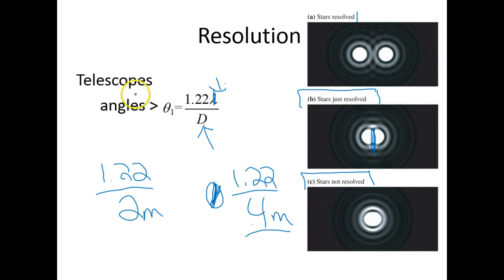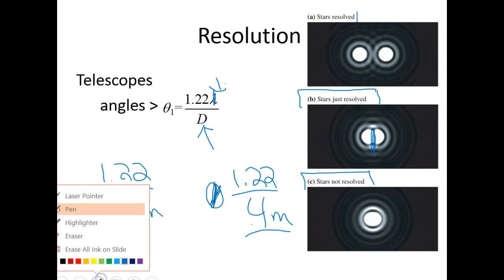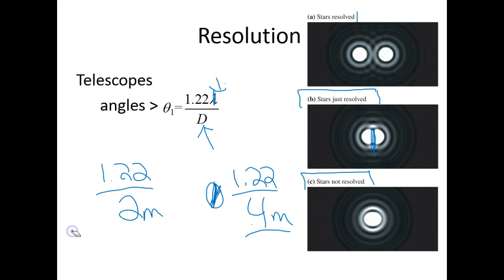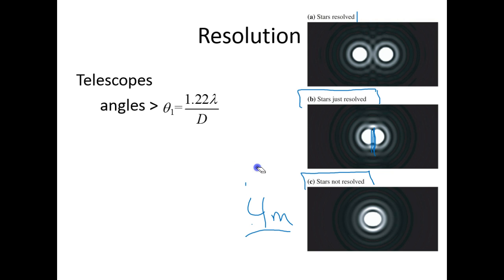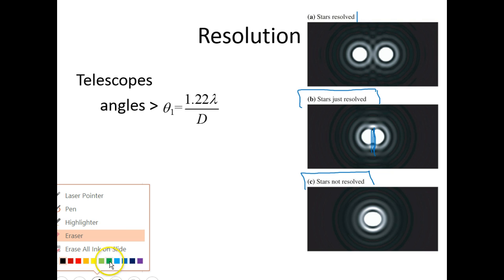When you think about this, this is the primary determining factor in the cost of a telescope. So the cost of a telescope is entirely dependent on how big it is, because how big it is is entirely dependent on how good it is at seeing farther and farther out into the universe and being able to actually tell objects apart at great distances.